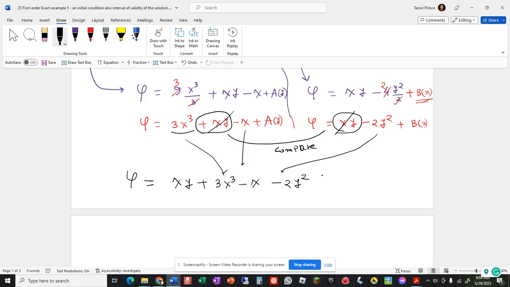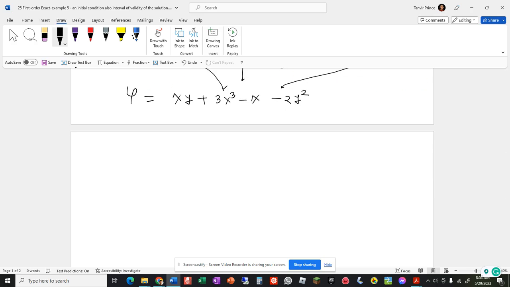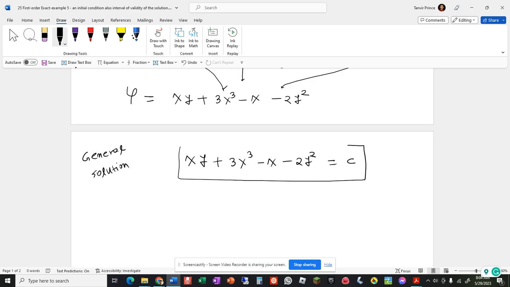So that's my phi, and this general solution, which is going to be an implicit solution here, is phi equal to C. But we're not done.